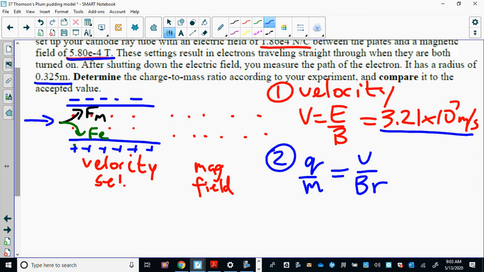Plug those numbers in and you are going to get this kind of crazy number, which is 1.70 times 10 to the 11 coulombs per kilogram, which should make your jaw drop.